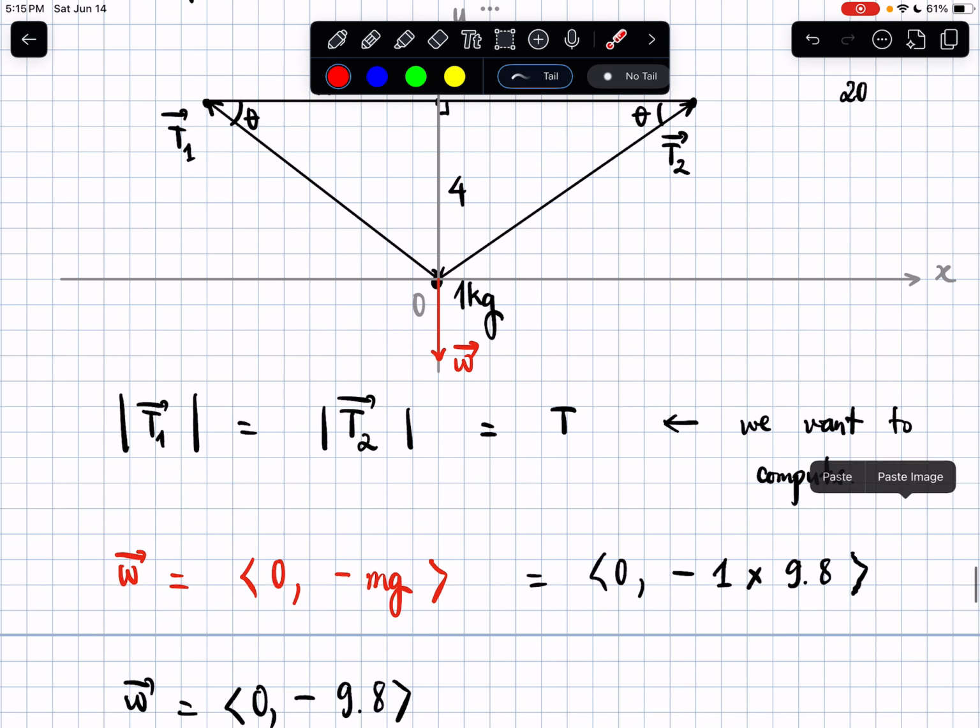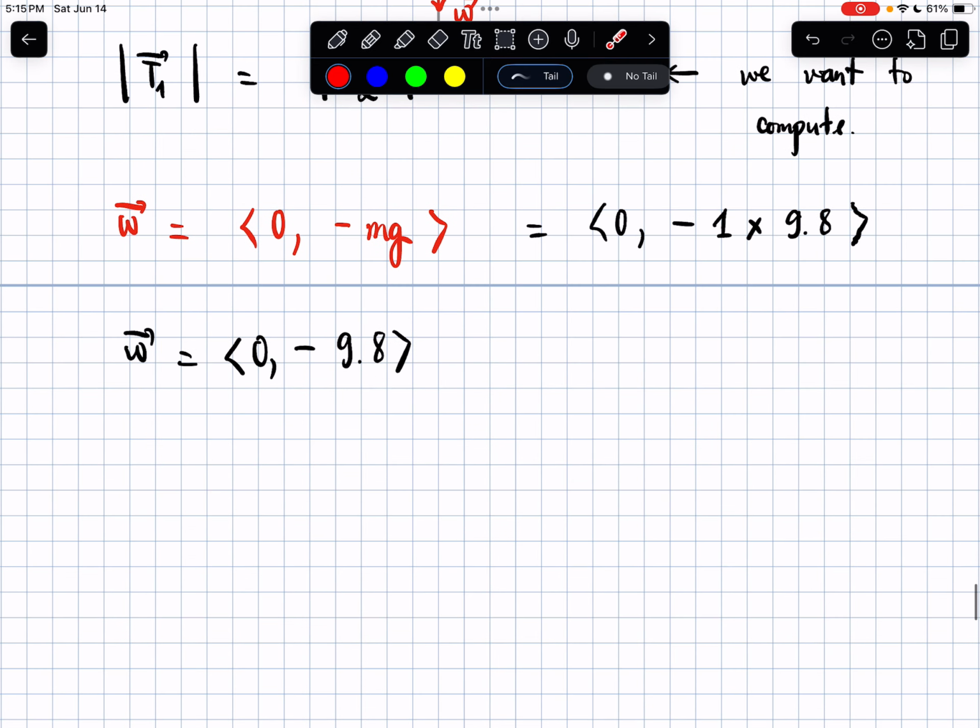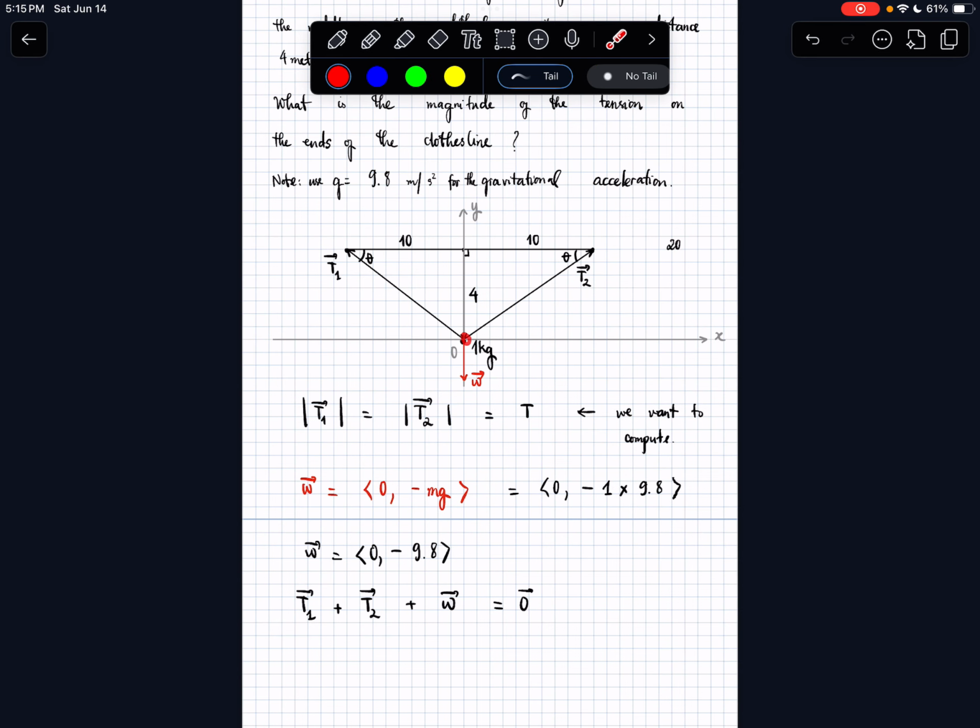These 3 forces counterbalance at this point, so T1, T2, and W must sum to 0. At this point it is balanced.